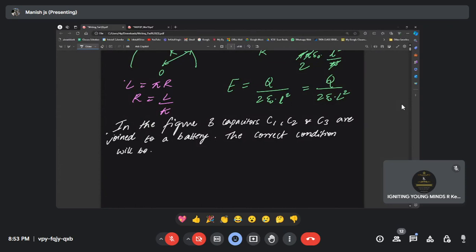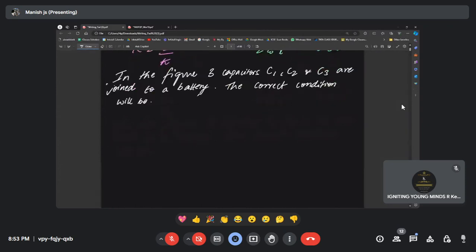So what is the correct condition they are asking? I'll give you the figure. Let me draw it. Here comes the figure.